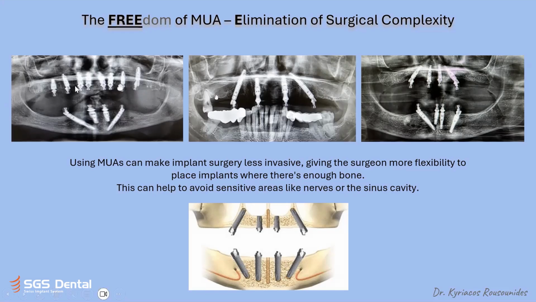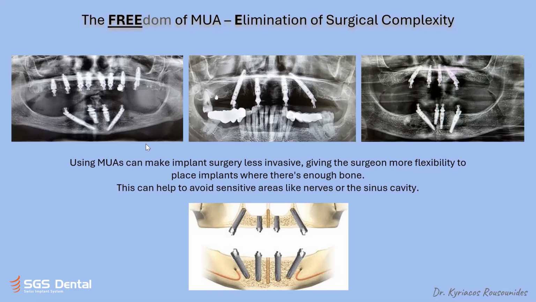This first X-ray shows implants in the lower jaw that are longer. We have this opportunity with HGS. We ask and they offer us longer implants, longer than 16 millimeters. We have in our hands nowadays 18, 20, and 22 millimeters.